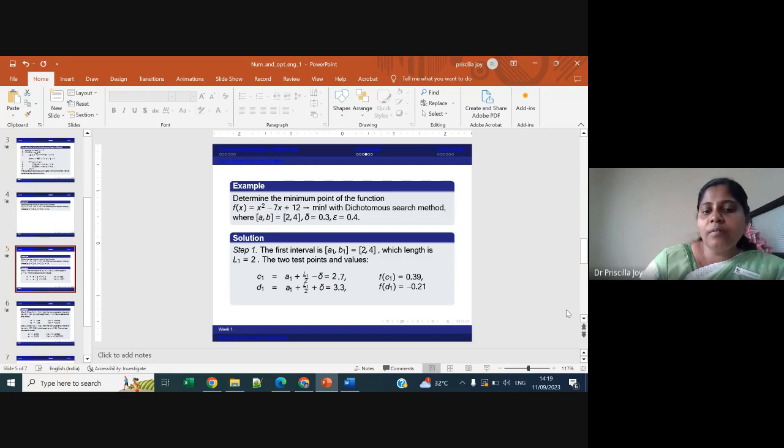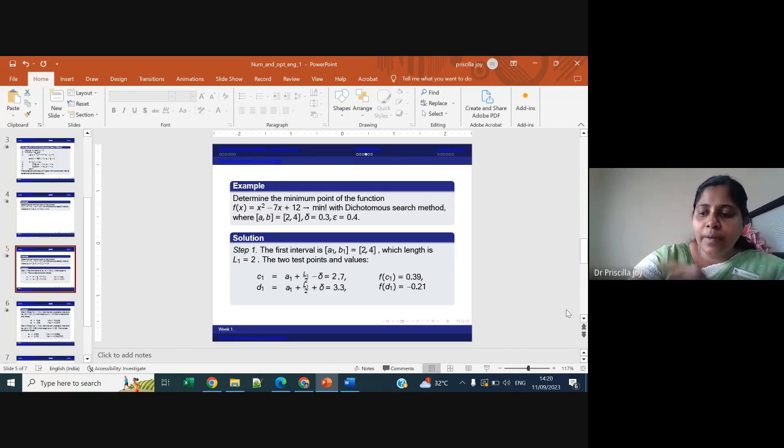So C1 is equal to A1 plus L1 divided by 2 minus delta, since the K value here is 1. So what is A1? A1 is 2, plus the L1 value is 2.